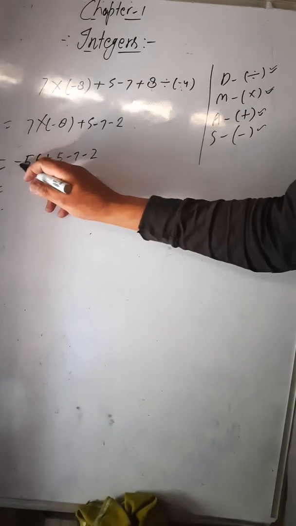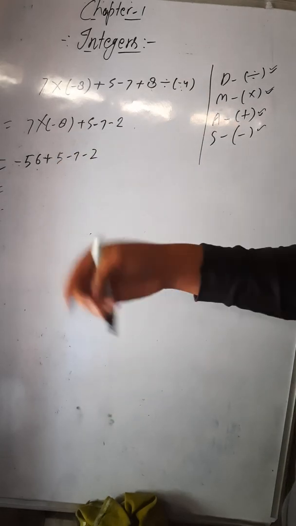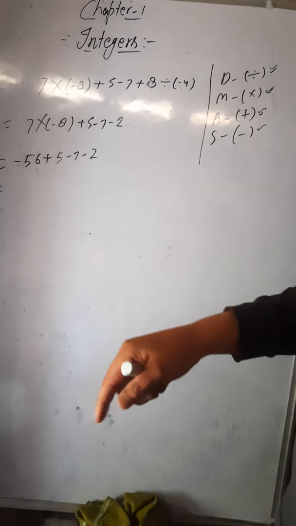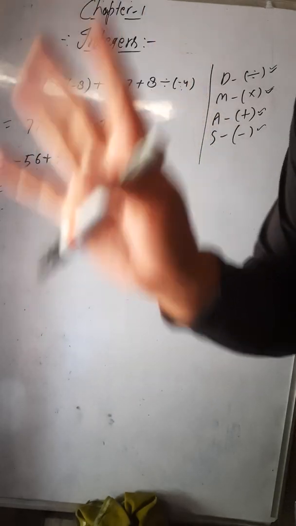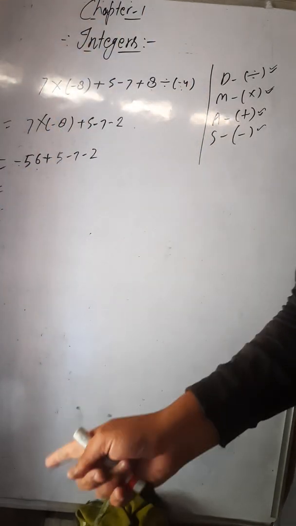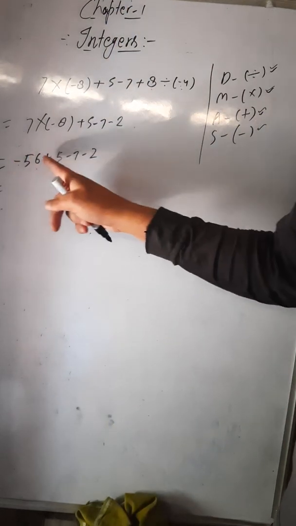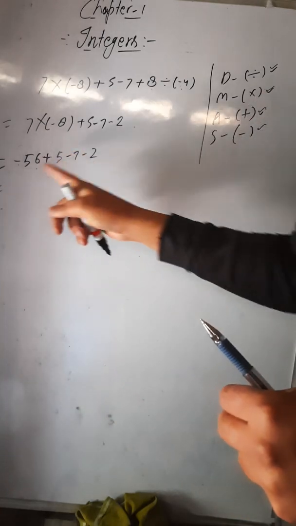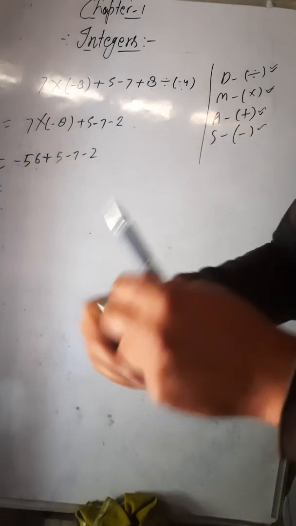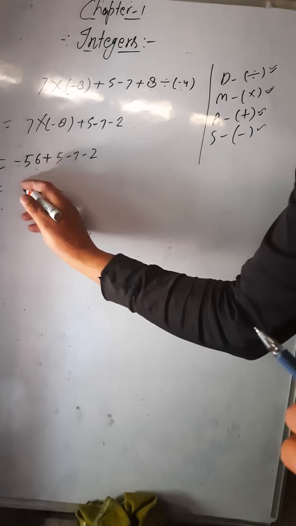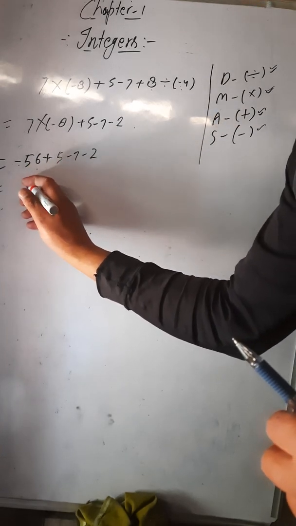When negative and positive signs are there, they are subtracted and the sign will be of the greater one. Remember this: when positive and negative are there, they will be subtracted. Subtracted means 56 minus 5, it will be 51.